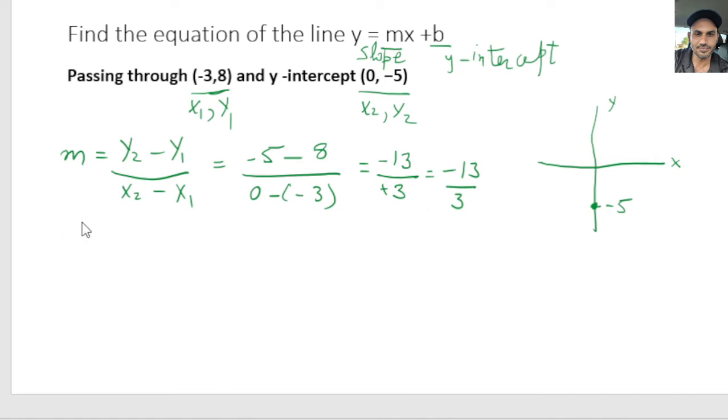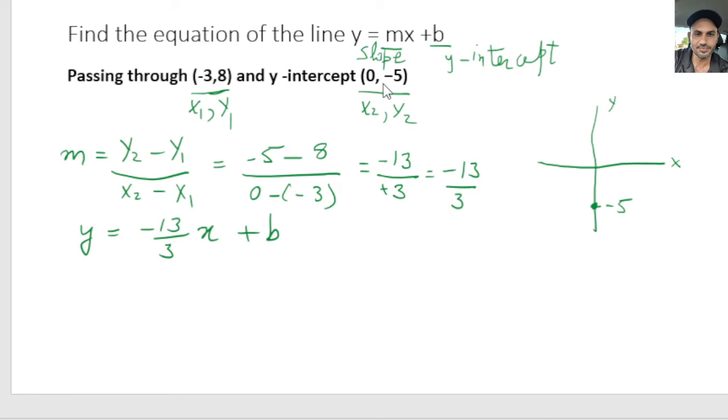Now we go ahead and put this for m in our equation right here, mx plus b. All right, now this one, they already provided us the y-intercept, which is -5, because this is the point (0, -5).